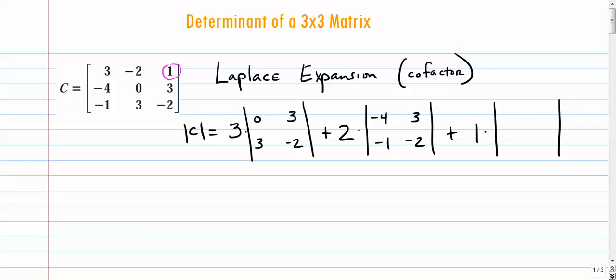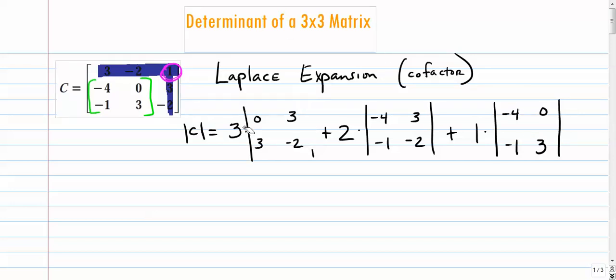So again, we're going to just block out row 1 and column 3, and we're just going to use the remaining minor matrix, which is -4, 0, -1, and 3. So we're taking the determinant of those minor matrices and multiplying them by the scalars that we got from row 1.